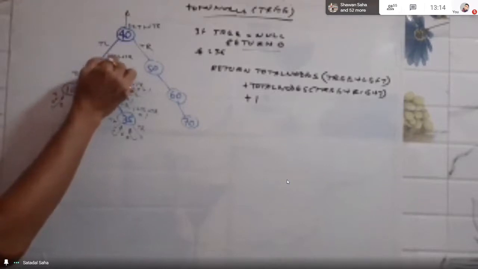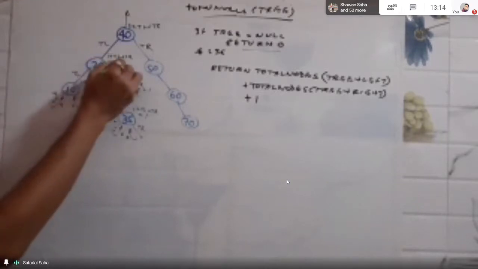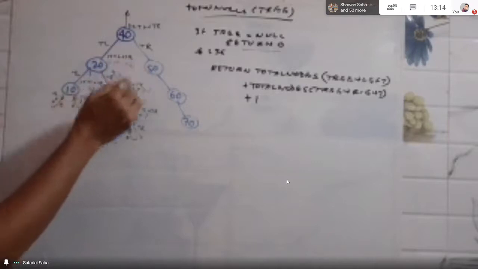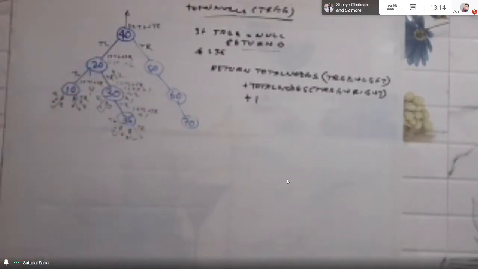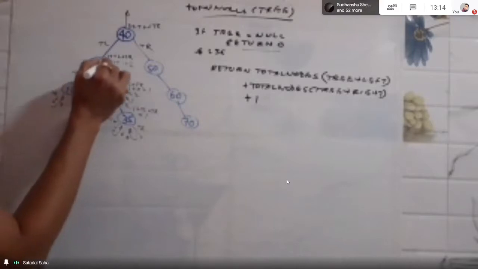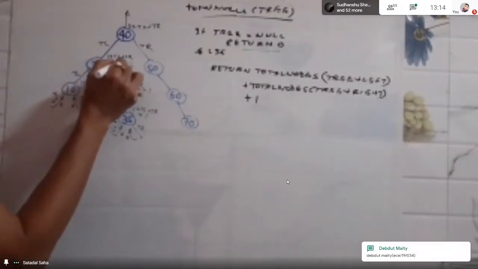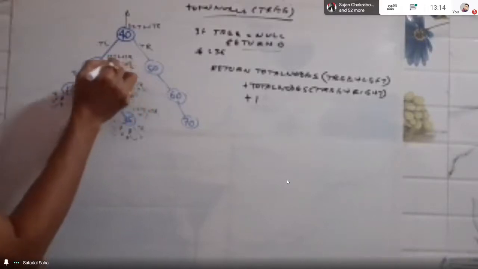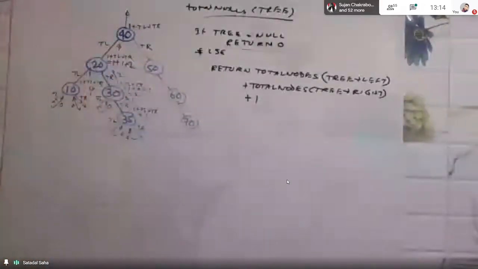That means 1 plus TL means 1, TR means 2. So it will return 4. So it will return 4 to 40.